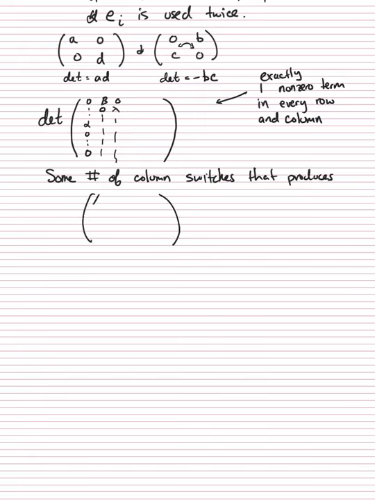With some number of column switches, you can get to beta, lambda, gamma, alpha, and so on. Should have used one Greek letter. There's some number of column switches, which it'll turn out that you can work out exactly. But once you're at this point, we know that the determinant here, if it's linear, is just going to be the product of the diagonal terms.